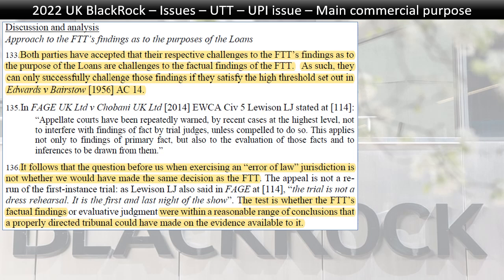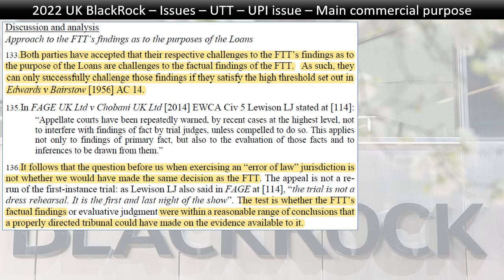As such, they can only successfully challenge those findings if they satisfy the high threshold set out in Edwards versus Bairstow. And what that basically says is, if it is reasonable that the first tier could have interpreted the facts like this, then the decision should stand. Just because it's also reasonable to interpret the facts in a different way does not give the Upper Tier Tribunal the right to change the First Tier Tribunal decision, right?